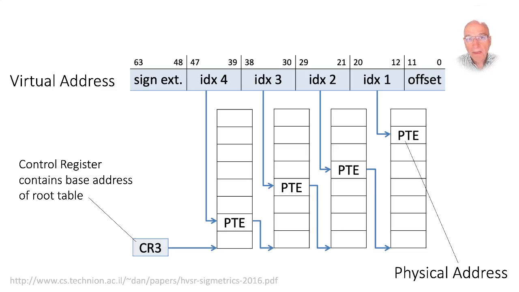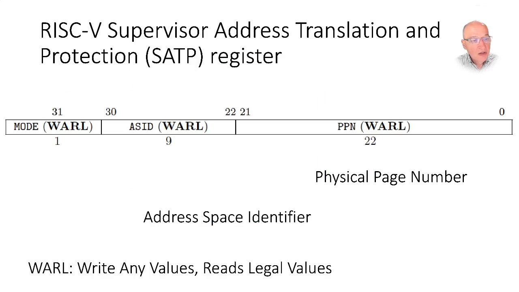radix-based page table works. So now if we look into the RISC-V processor, we'll find a register called the Supervisor Address Translation Protection register, SATP. In this register, we're going to find a field that is the physical page number. We're going to find another field that is the address space identifier, and then we have the mode.